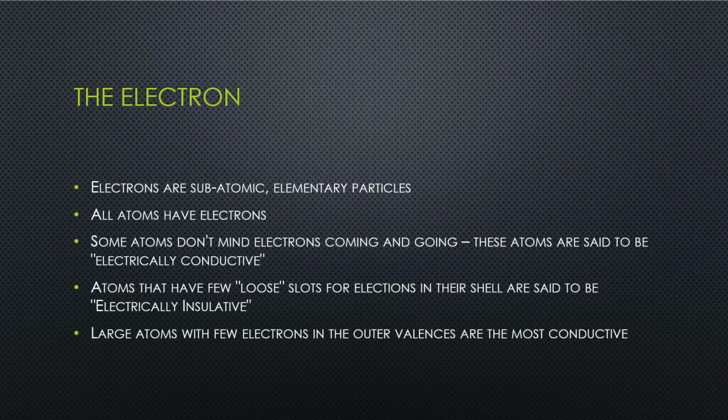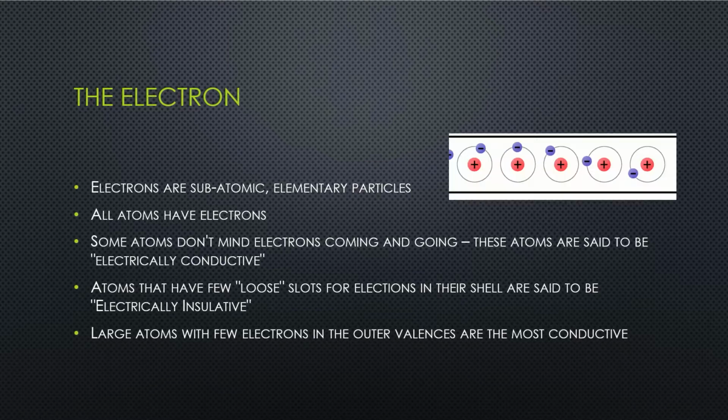Electrons are subatomic particles. All atoms have at least one of them. Some atoms are really good at allowing electrons to come and go, and the ones that do that are said to be electrically conductive. Some atoms don't have a lot of play for the electrons to come and go, and these are said to be electrically insulative.